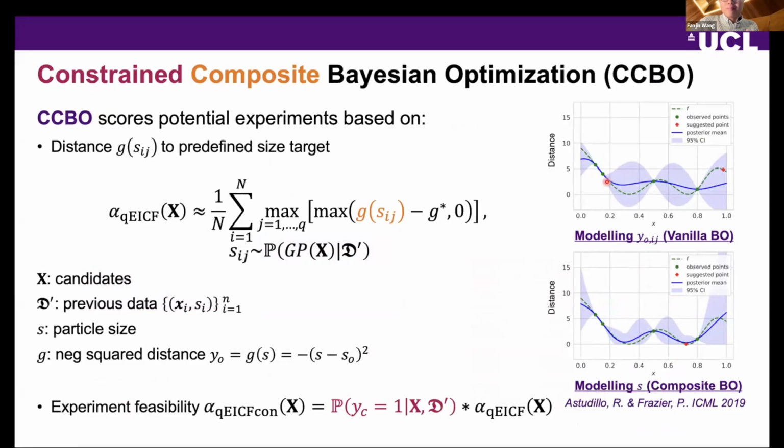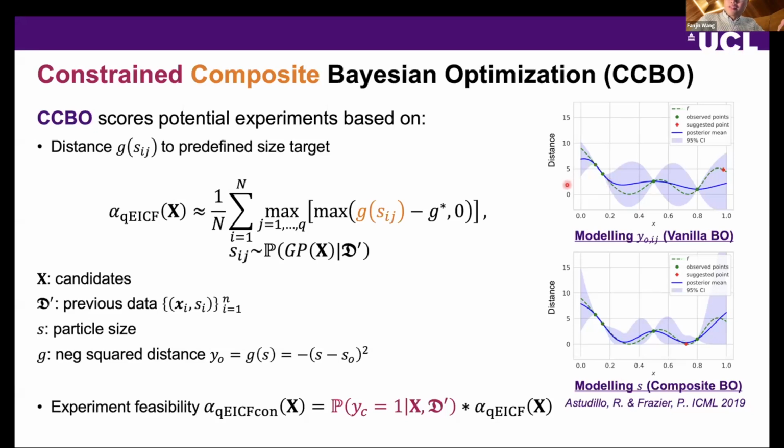For the composite Bayesian optimization, luckily we have both authors of this paper here in the audience. So I'm not going into the mathematical details of how this was derived, but I will give you a very intuitive explanation of how it works.